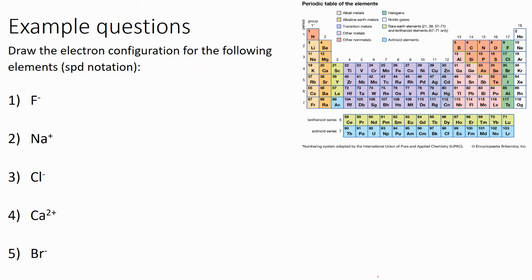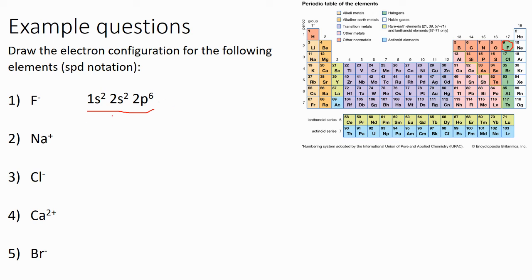So let's look at some examples. Fluorine atom is 9, and it's got a minus 1 charge, so it's got 10 electrons. So it's 1s2, 2s2, 2p6, so 2, 4, 10. It's got 10 electrons.